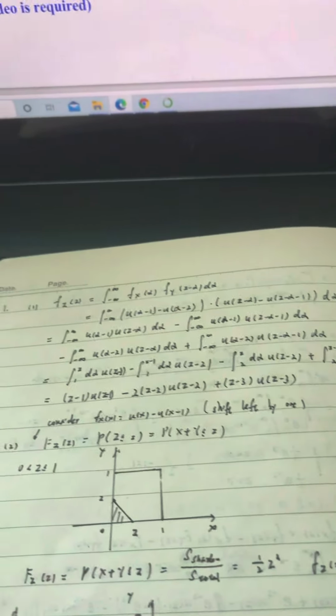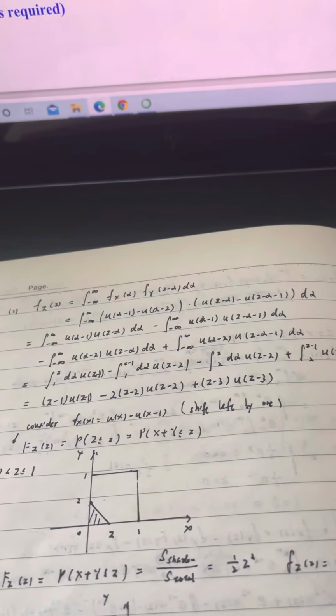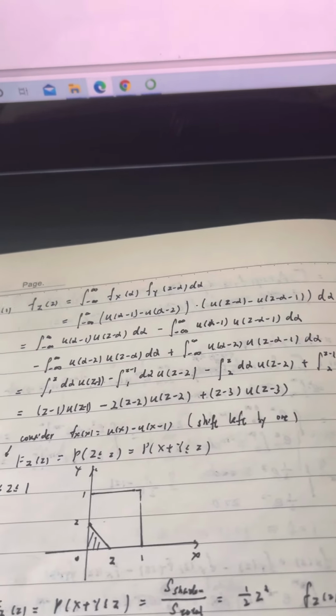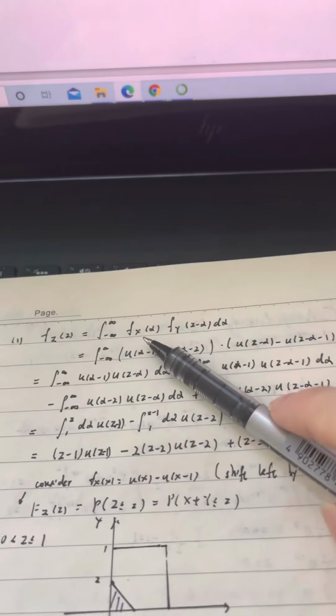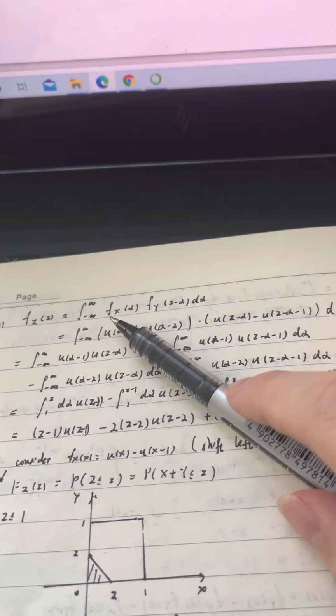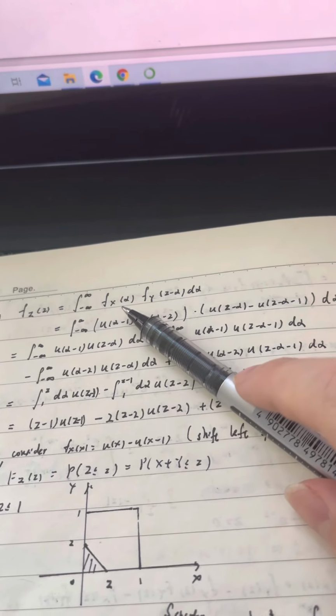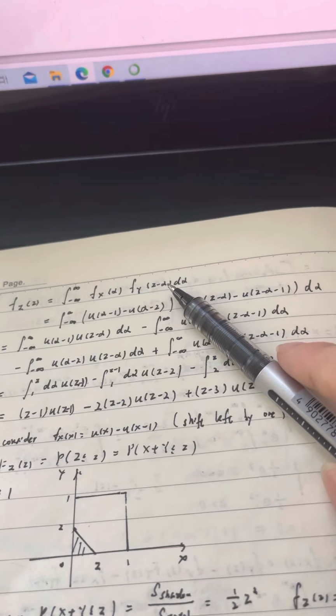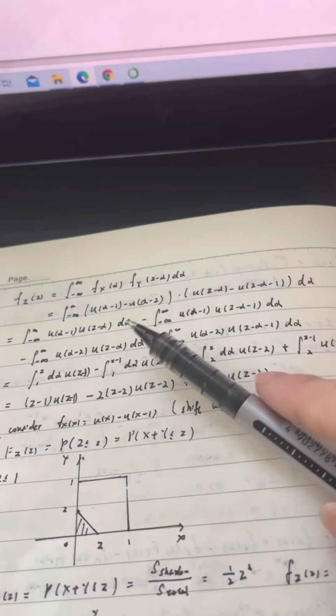Let's begin. So it tells us that z equals x plus y, and x and y are independent, so we can just use the formula f_Z(z) equals the integral from minus infinity to infinity of f_X(alpha) times f_Y(z minus alpha) d alpha.